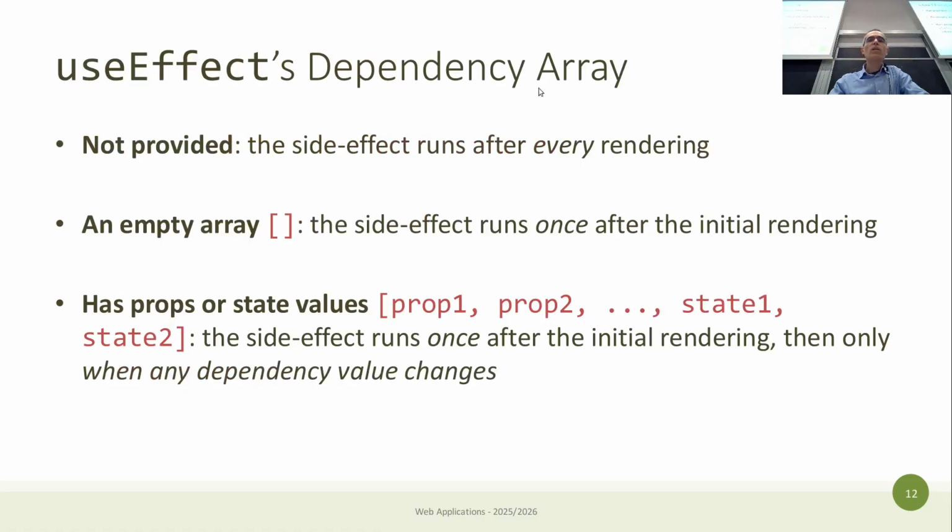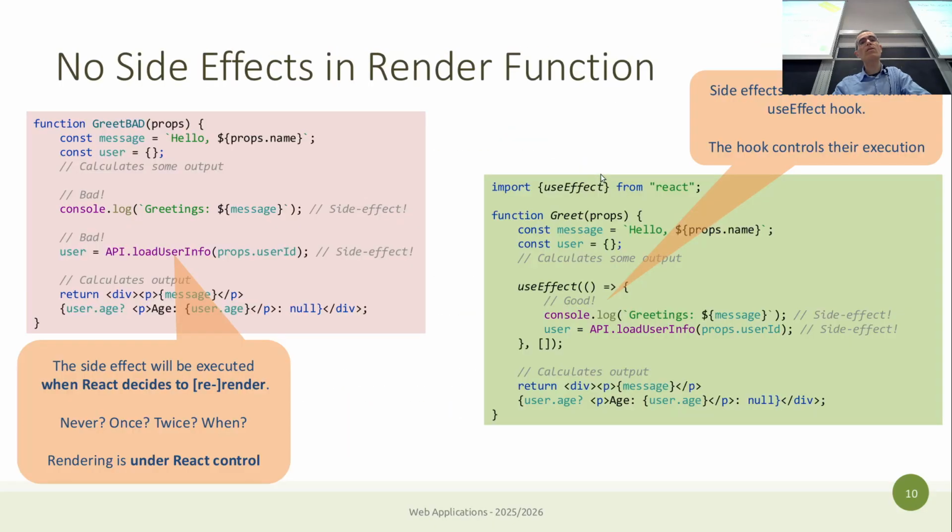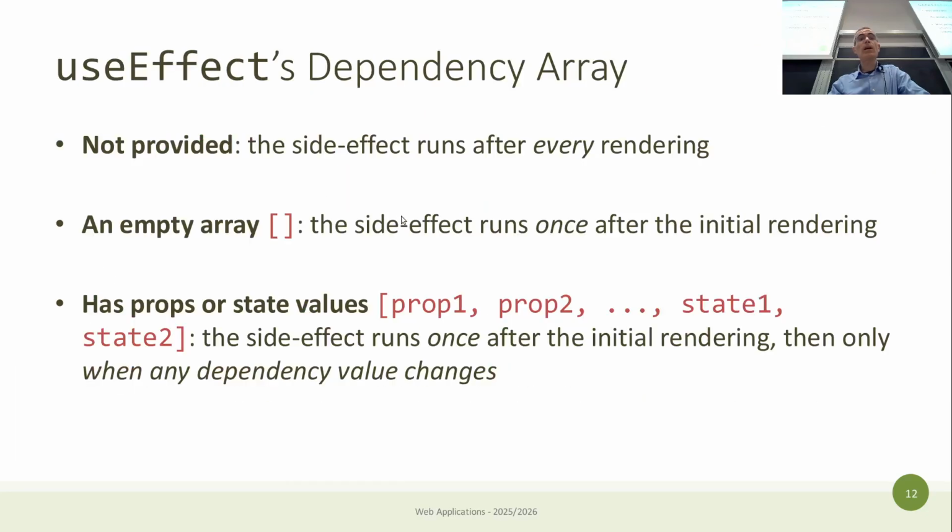So, the dependency array. Not provided: the side effect runs after every rendering. So it's basically useless for our purposes because there's not that much difference from this case, apart from the fact that things are cleaner and are not run during render but after render. I'm not really sure about a case where we should not provide the array in our simple examples.